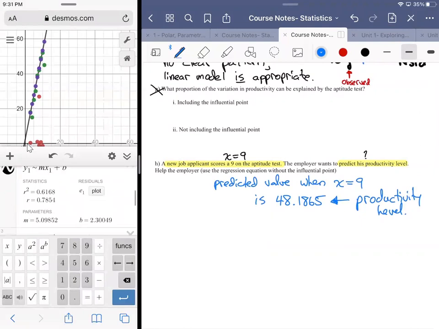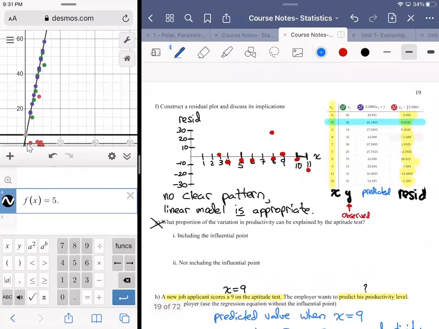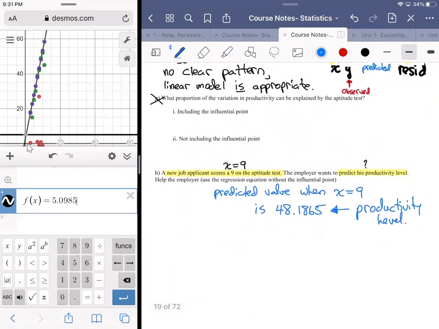We can type in the linear regression equation, f of X equals 5.0985 X plus 2.3.